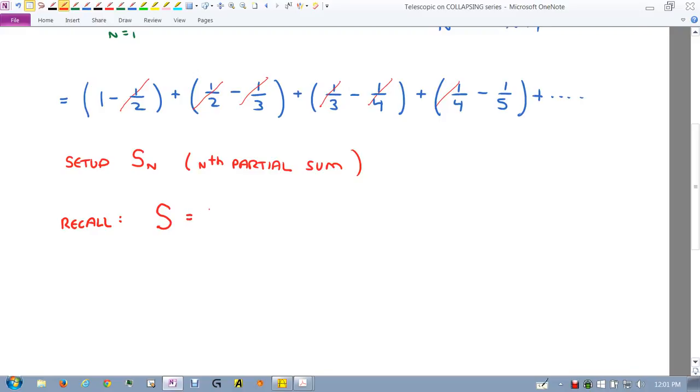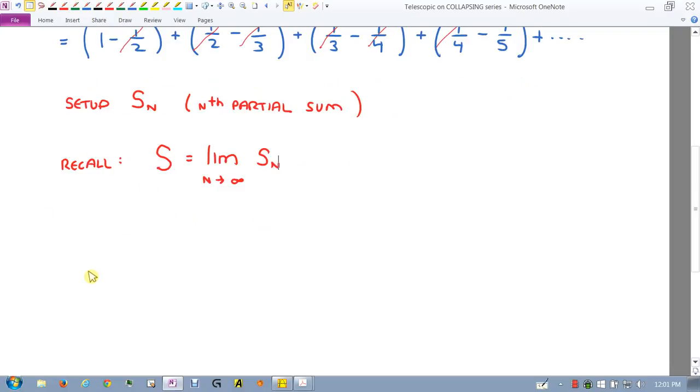That is just the limit as n goes to infinity of the nth partial sum. So if we can find a formula for the nth partial sum, and then take the limit as n goes to infinity, we will actually have computed what this sum is. So what is S sub n? I'm going to write that down here, and then at the end of it, I'll take a limit.